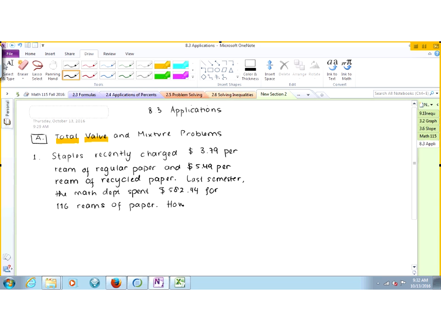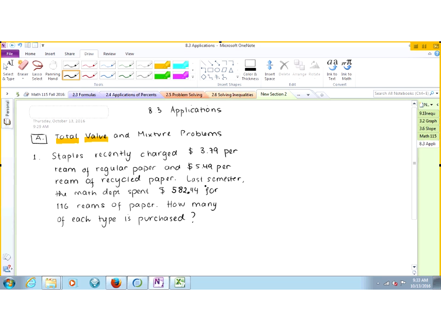And then the question is, how many of each type were purchased? All right, $582.44. So let me write it again, $582.44. All right, good.